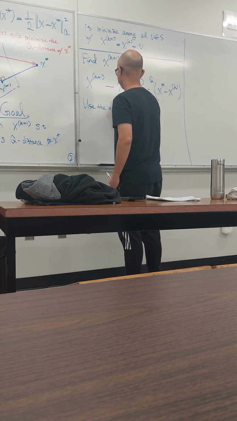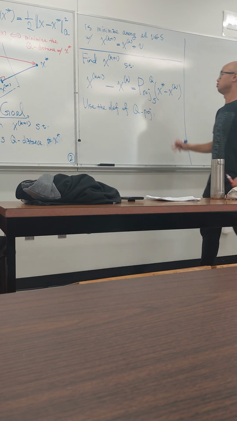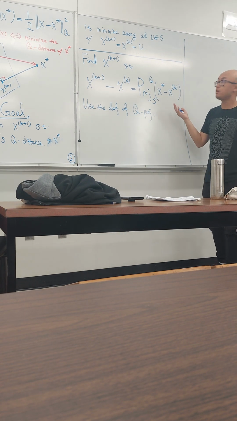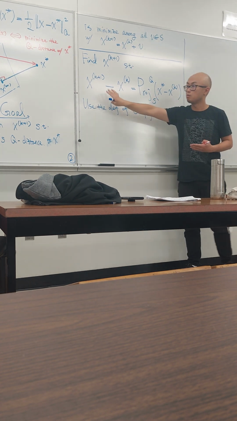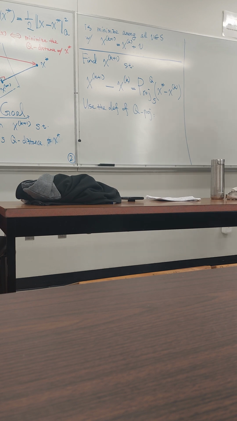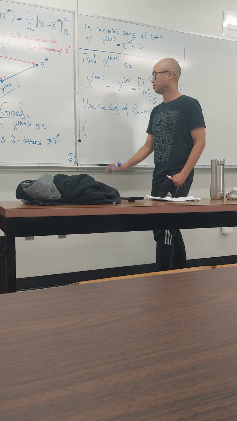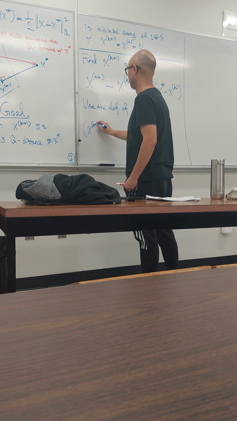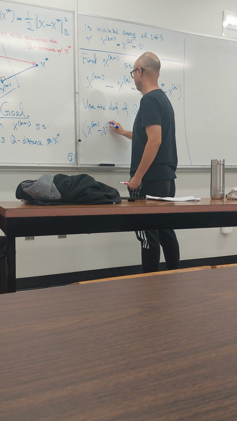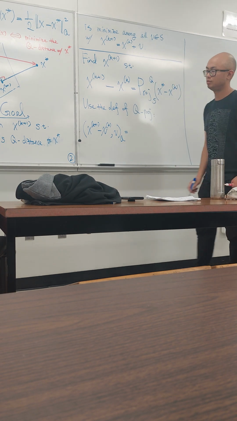Then the natural question: we use the definition of Q projection. Because this is a projection, we can use that formula to compute xk plus 1, which is the k plus 1 iterate.